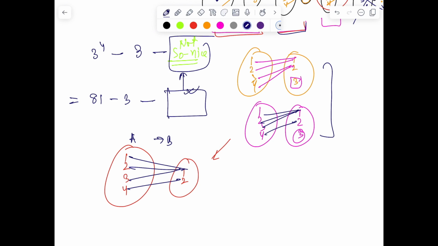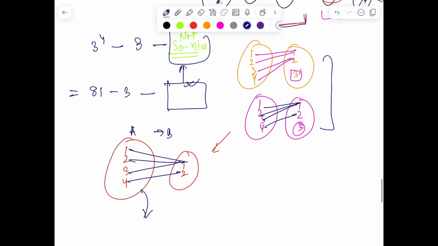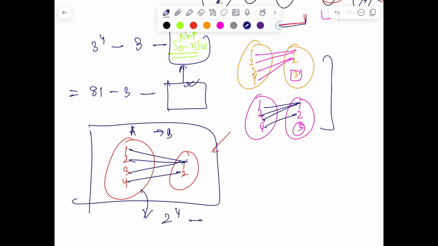So if I look from this perspective, of course it's not very difficult to do it over here. Why? Because how many functions are there in total? For this case, 1 will have 2 choices, 2 will have 2 choices, 3 will have 2 choices, 4 will have 2 choices: 2 to the power 4. Minus how many functions will be there which are into, and that's really easy because there will be only 2 functions which are into over here. Why?